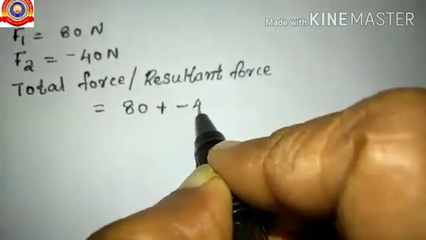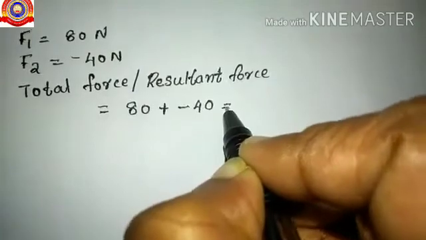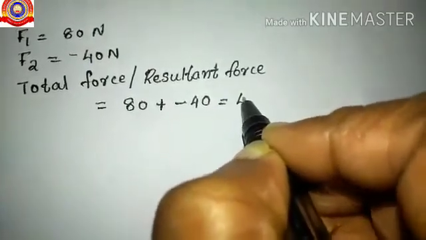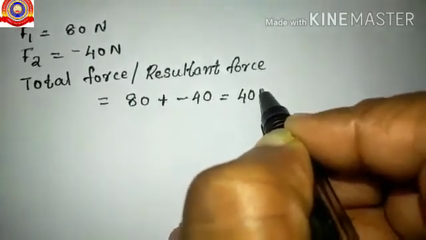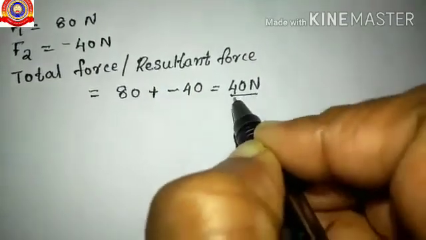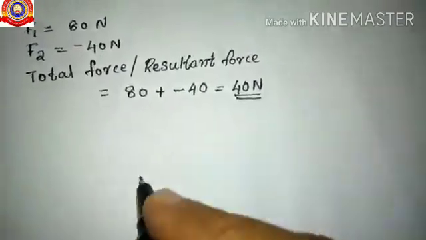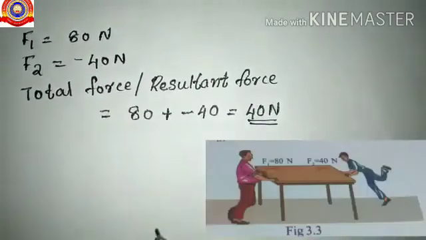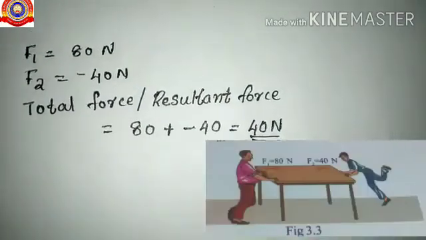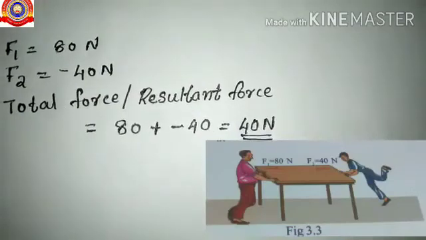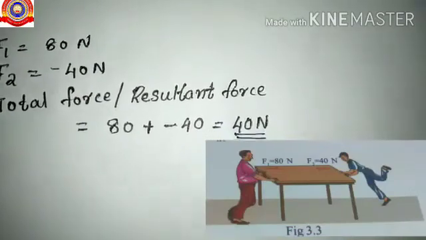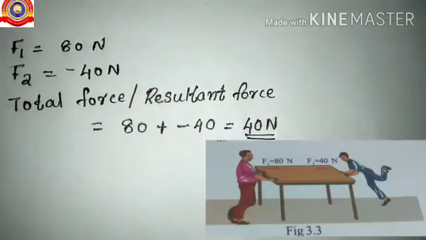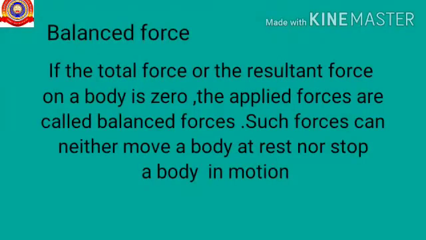What is 80 plus minus 40? Yes, 40 Newton. So here the resultant force is 40 Newton. Here the table will move in which direction? Yes, in the direction of the first person, that is 80 Newton.